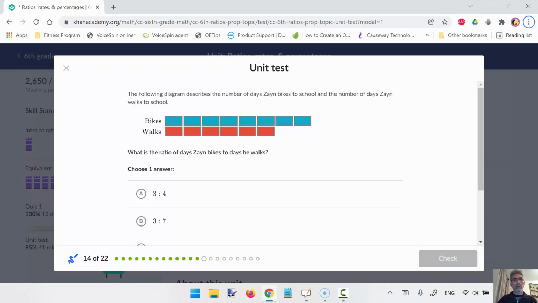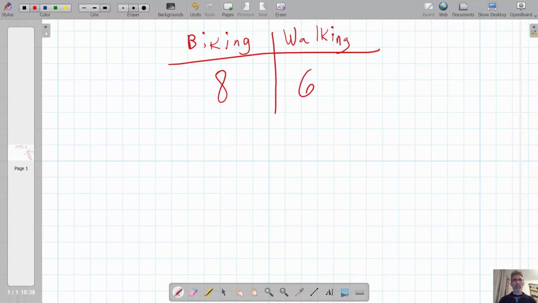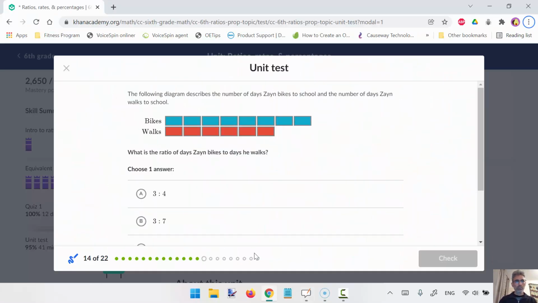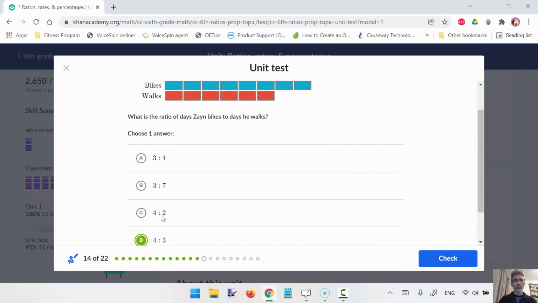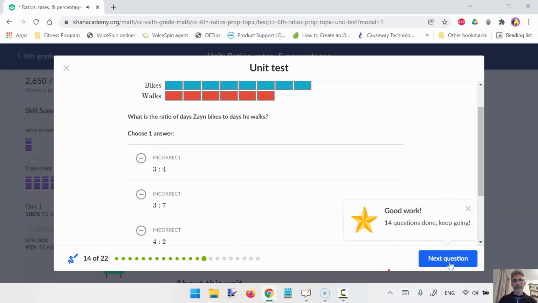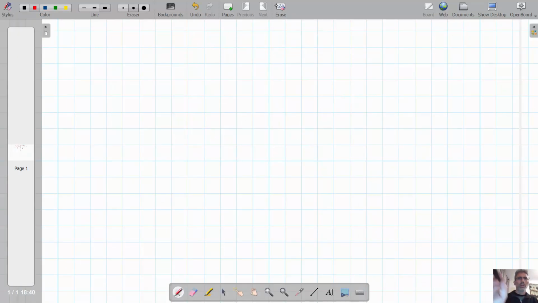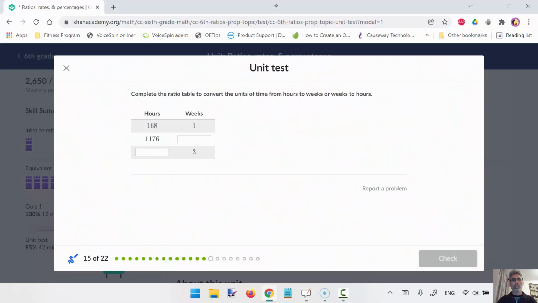What is the ratio of days he bikes to days he walks? Okay, 8 to 6. 8 divided by 2 is 4. 6 divided by 2 is 3. So 4 to 3 is good. Okay, 4 to 3.